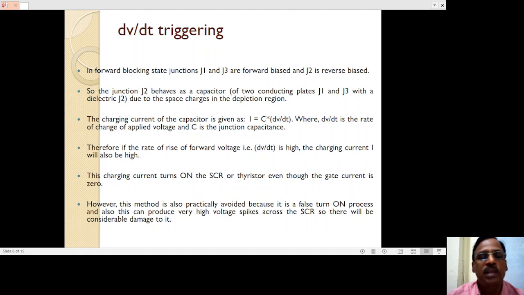So what is the charging current flowing through the capacitor? I is equal to C dV by dt, where dV by dt is the rate of change of applied voltage and C is the junction capacitance.